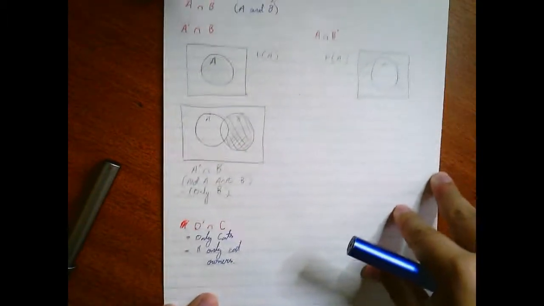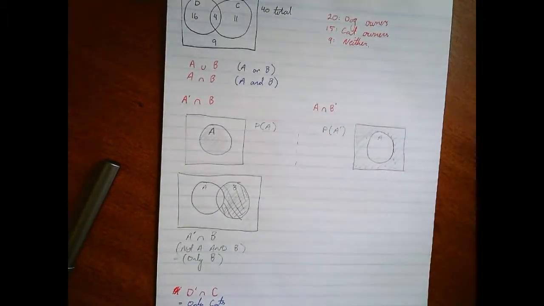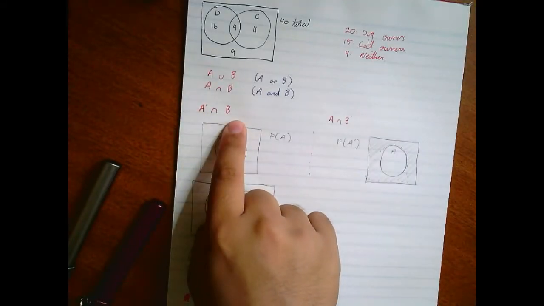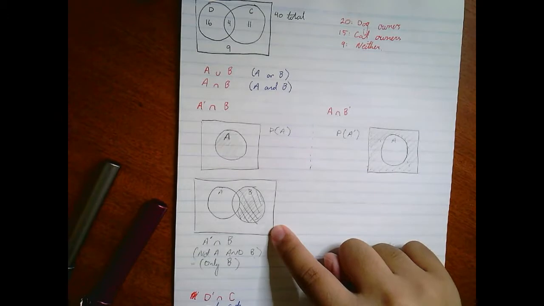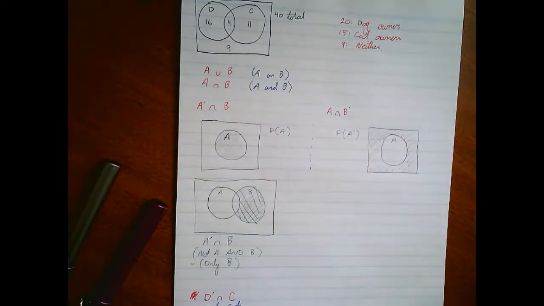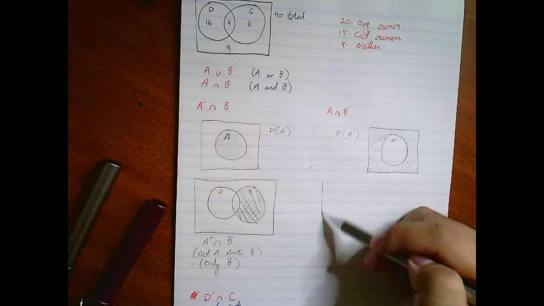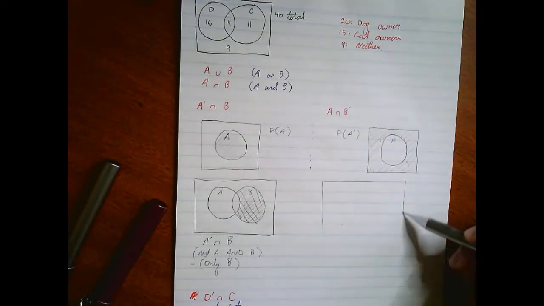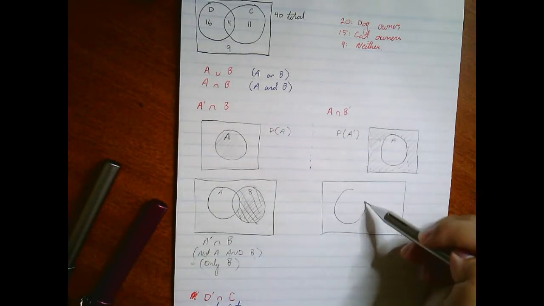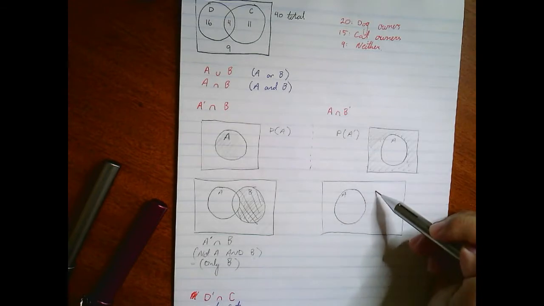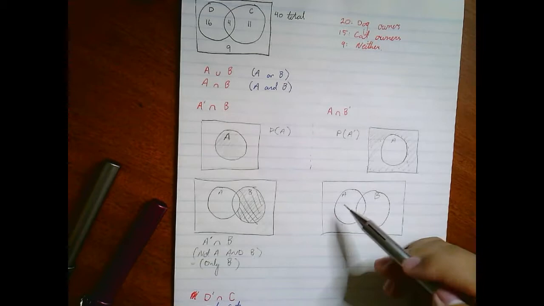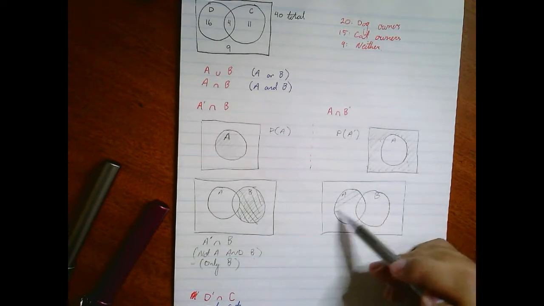I hope you can sort of see where this is headed now. If not A intersect with B looks like this, A intersect with not B wouldn't that be almost exactly the same? So here's our group A, and here's our group B. Wouldn't that only be this region here?